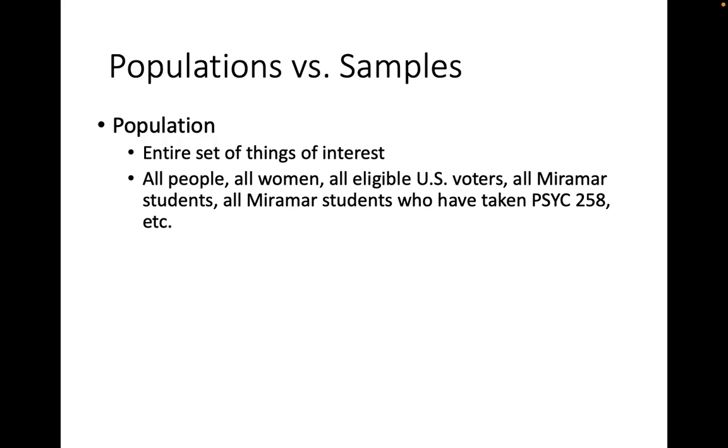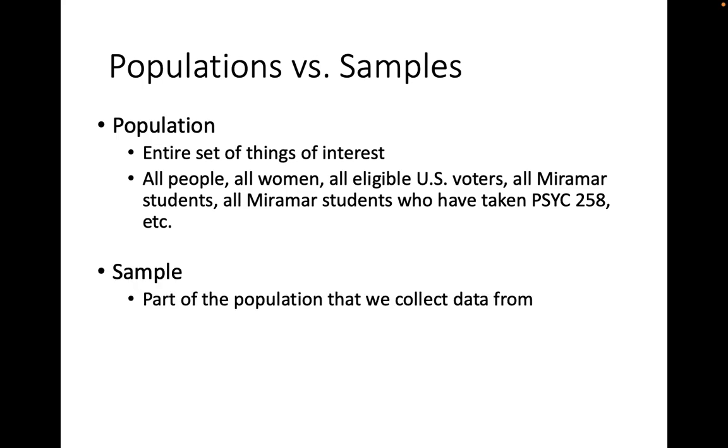So although populations are often large, they could be small. For example, if the entire set of things that I wanted to make a conclusion about was a single section of Psychology 258, I could treat that section as a population.